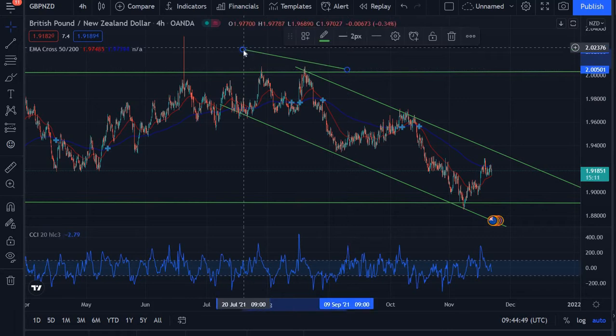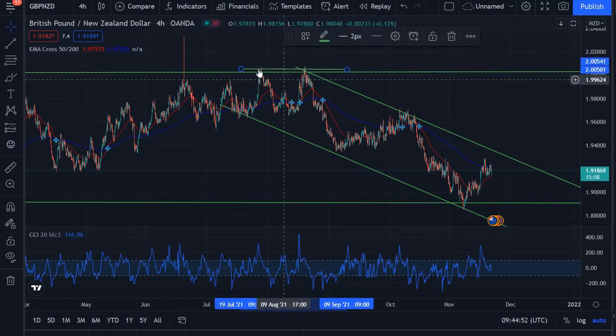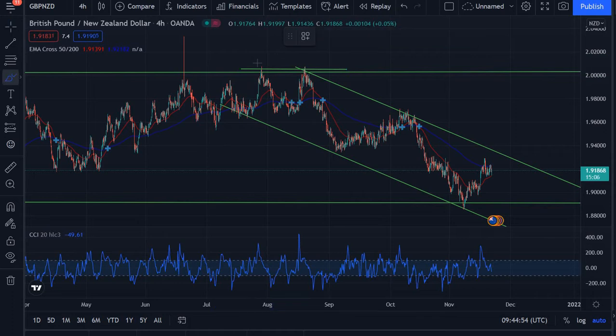So here we had this retest of the resistance line with a double top and double tap, which means we touched it twice.